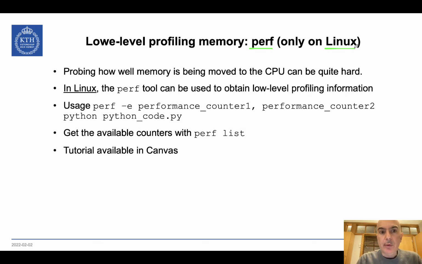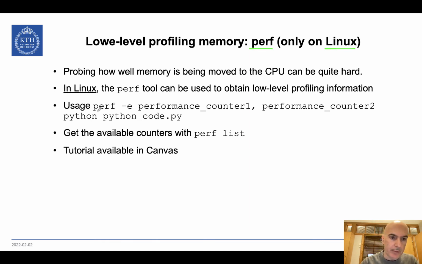Perf allows us to probe how well memory is being used, especially for moving data from the memory to the CPU. This is actually quite hard to monitor, and perf allows us to do that. It allows us to obtain low-level profiling information. The way to use it is very simple.